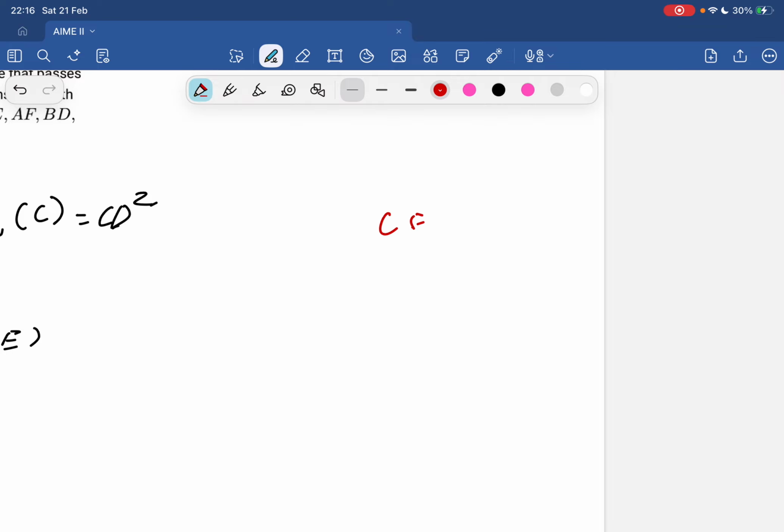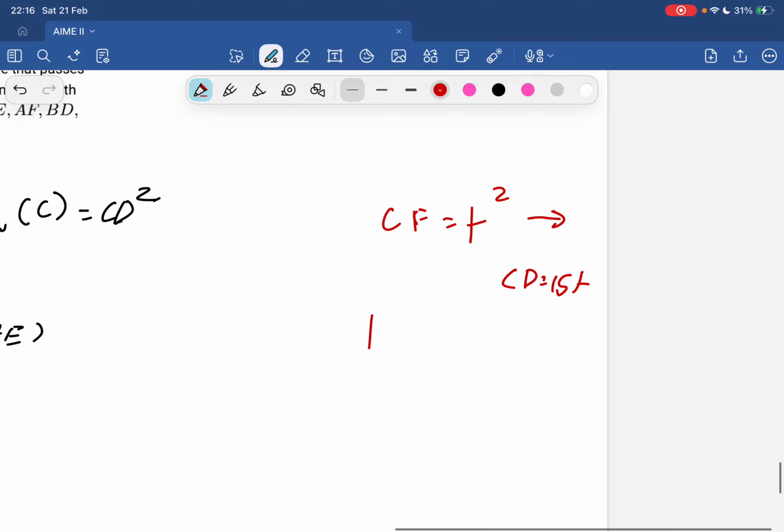Therefore, CF equals t squared, so CD equals 15t. Since t squared is less than 225, t is less than or equal to 14.